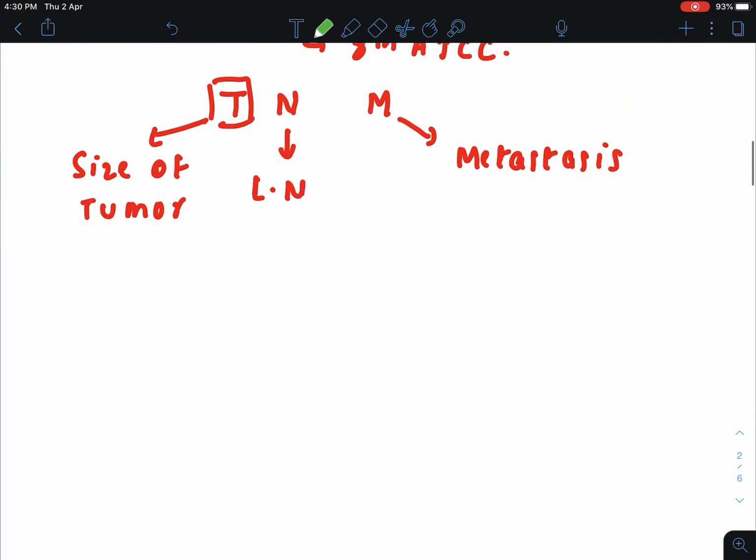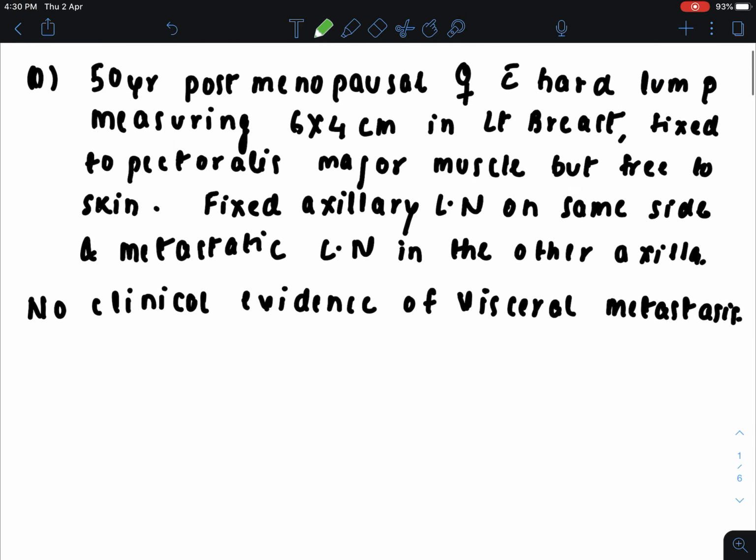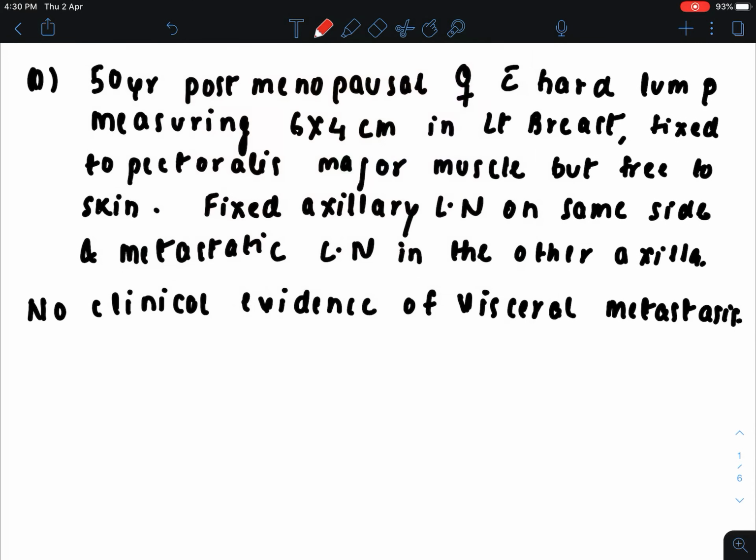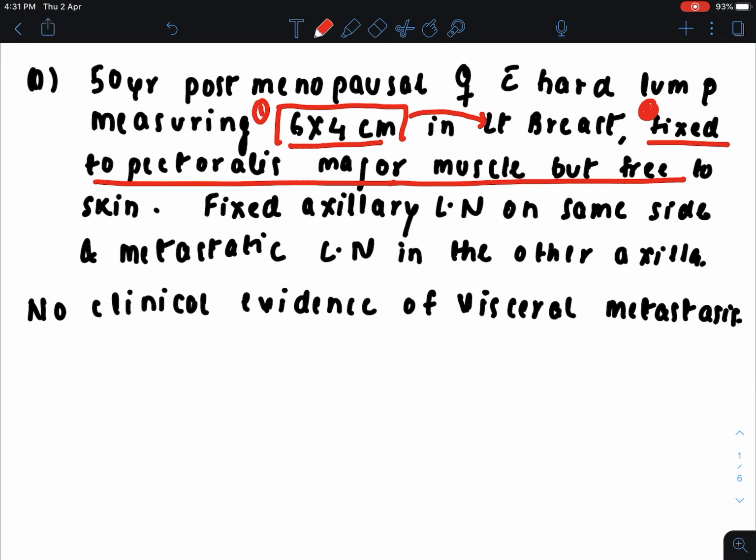Now we will again go back to check that question, what it was saying. The question was saying that it is a 50 years old female with a lump measuring 6 into 4 centimeter in size in left breast. It is fixed to pectoralis major muscle but free to the skin. Fixed axillary lymph node on the same side and metastatic lymph node in the other side.